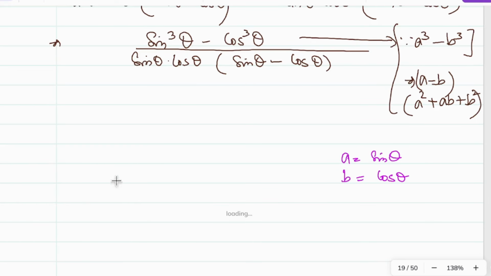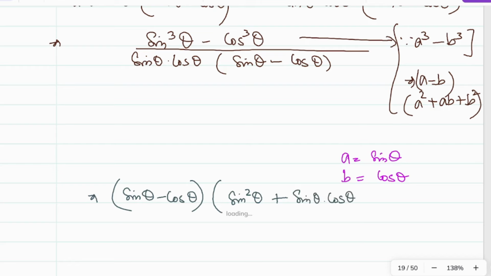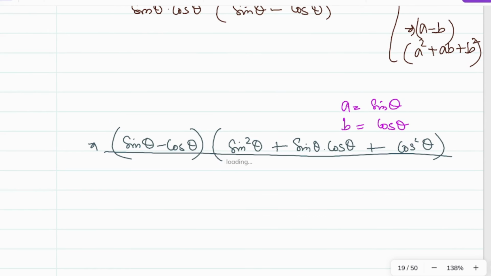My equation is a minus b, that means sin theta minus cos theta into a square, which is sin square theta, plus ab equal to sin theta cos theta, plus b square, b square means cos square theta, the whole divided by sin theta cos theta into sin theta minus cos theta.